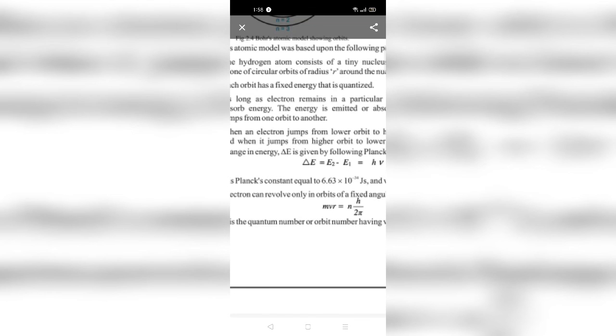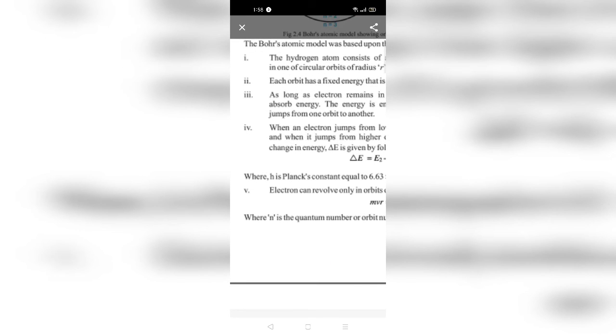It is the amount of radiation which will be radiated when an electron jumps from one orbit to another. And v is the frequency of light. Frequency is the number of radiations passed in 1 second.